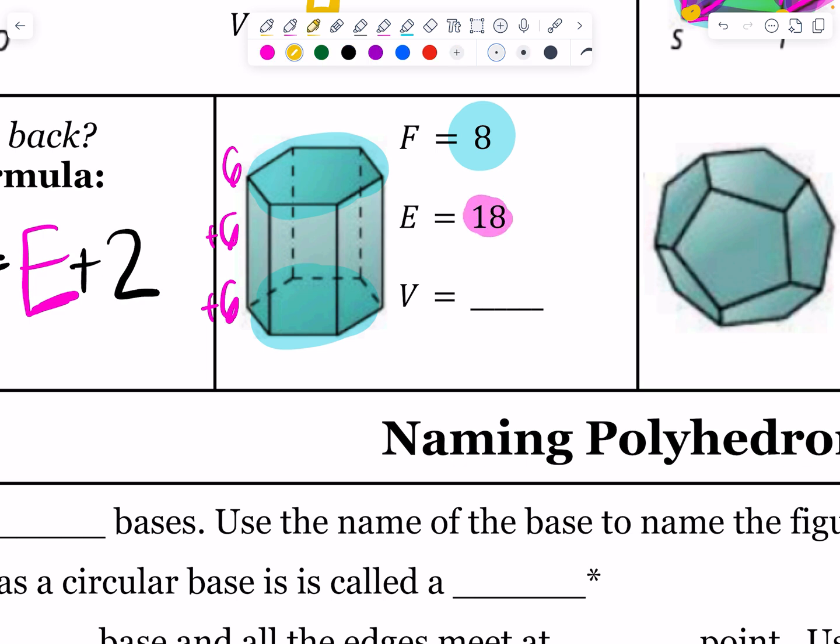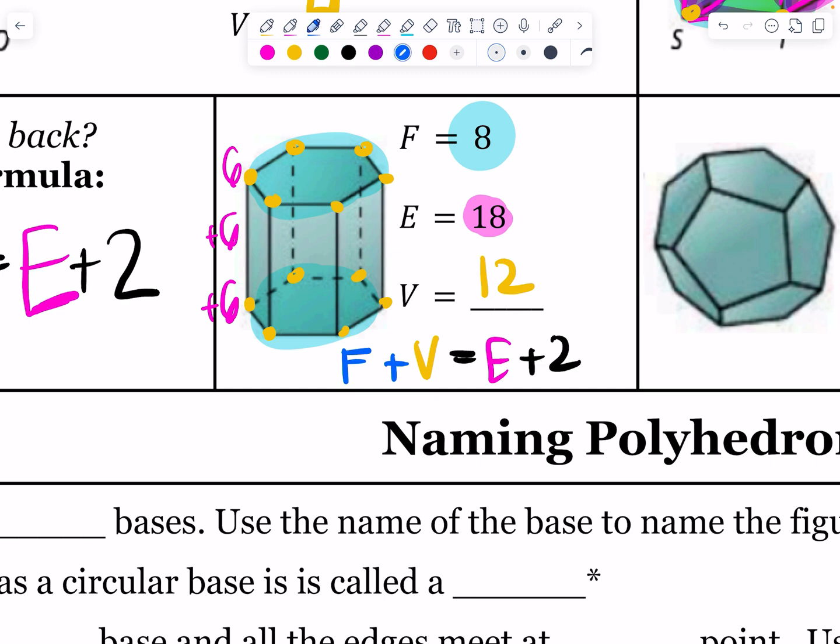Now my number of vertices on this one I can count. 1, 2, 3, 4, 5, 6 at the top. 1, 2, 3, 4, 5, 6 at the bottom. Okay, so it should be 12, but let's guarantee that with our formula. Our formula says that F plus V equals E plus 2. Let's fill that in, use the formula.